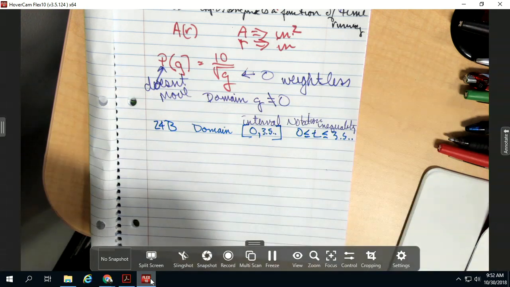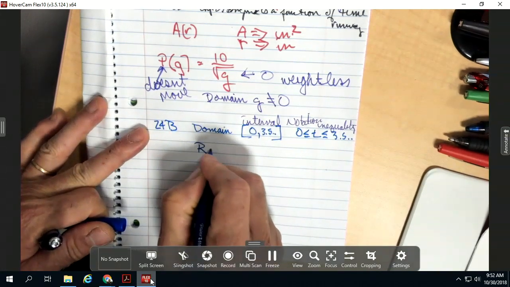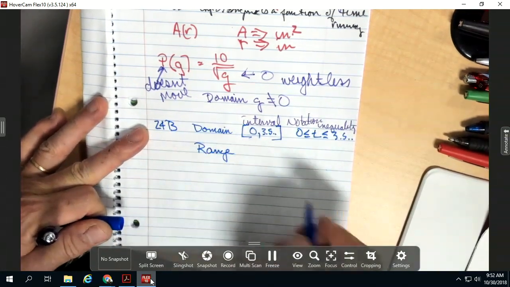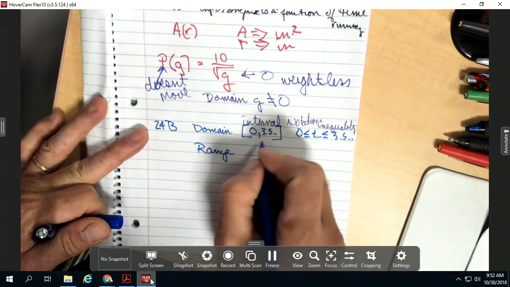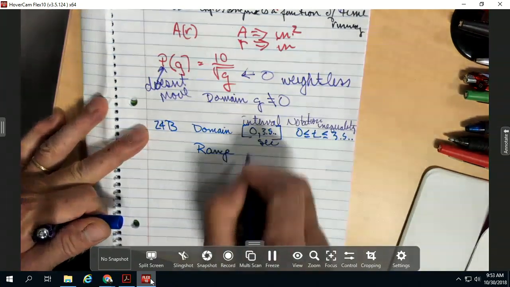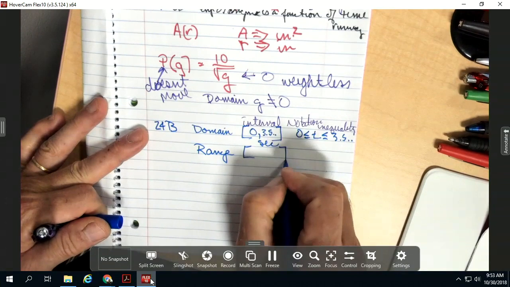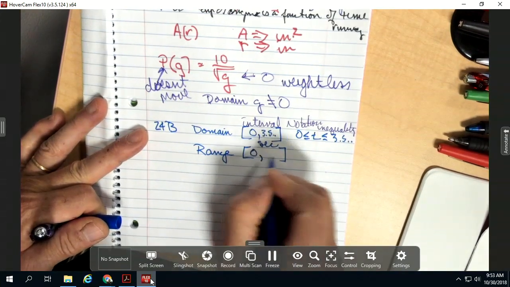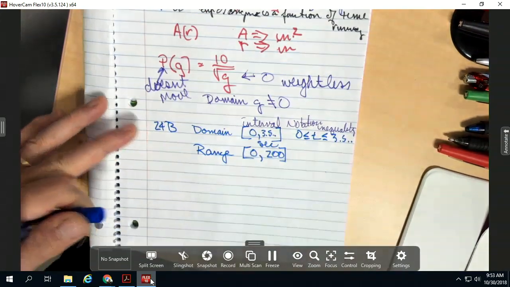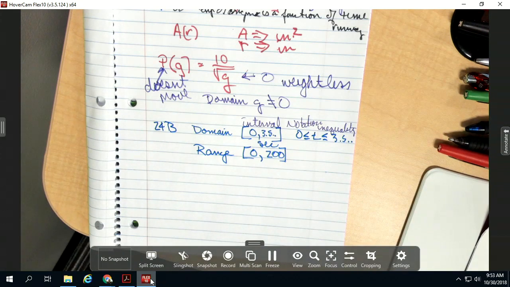Okay, if that is true, what's the range? Oh, we should have said domain, and this is in seconds. What's the range? We would say from 0 to 200 feet.